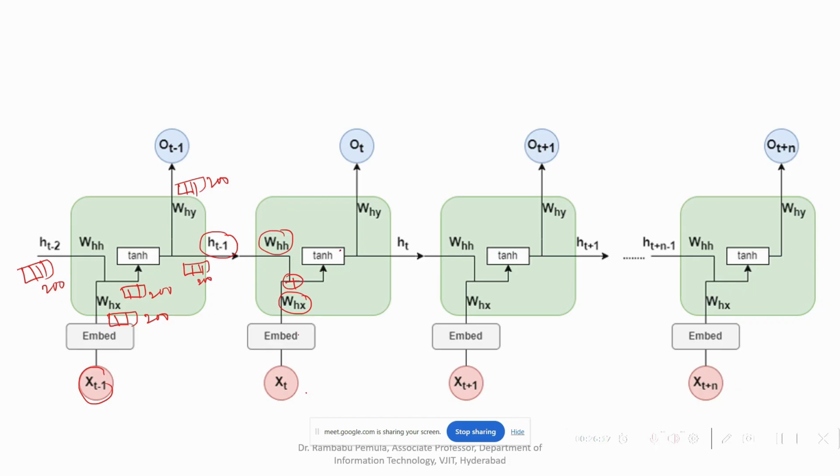That output is given to tanh, and the same value is transferred to the next layer as input, and whatever the output is, that is multiplied by WHY. We get the output as a new word here. Like that we get new words on each and every RNN node. So here the tanh plays an important role in the RNN.